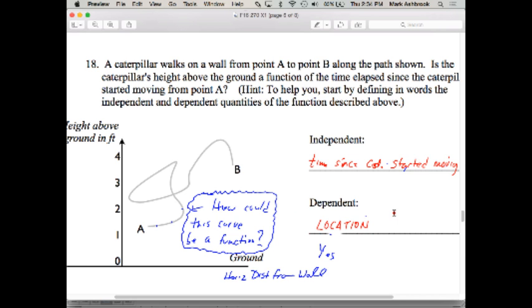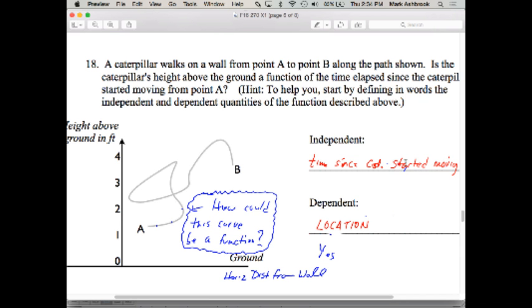But in order to pinpoint location, what do we need? You need two variables, right? You have two quantities that will give you the location.